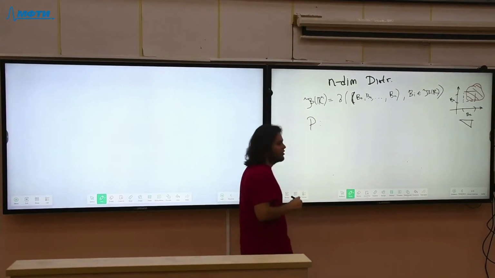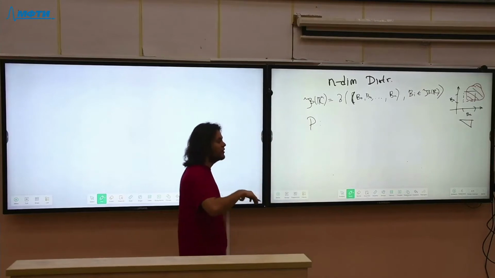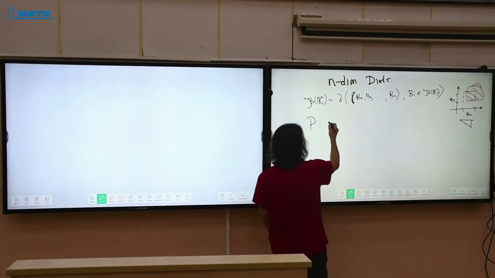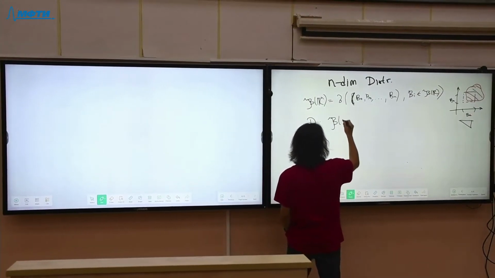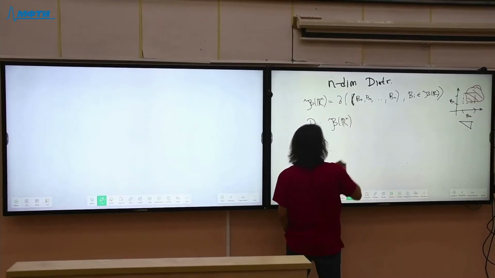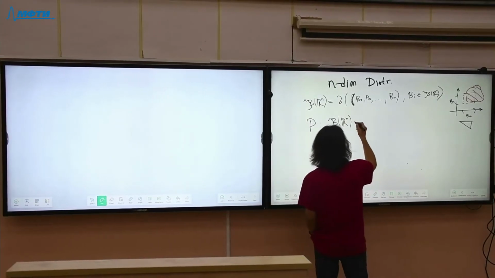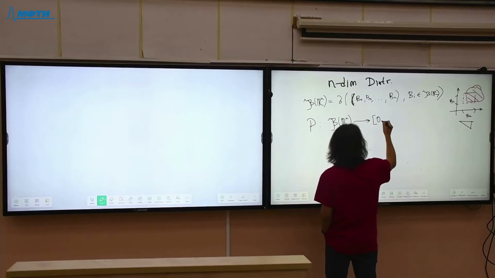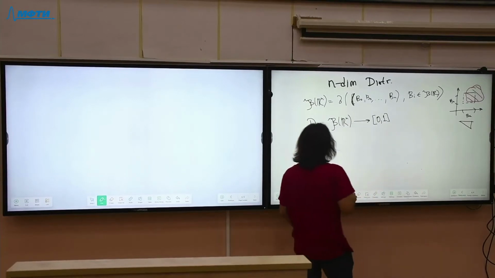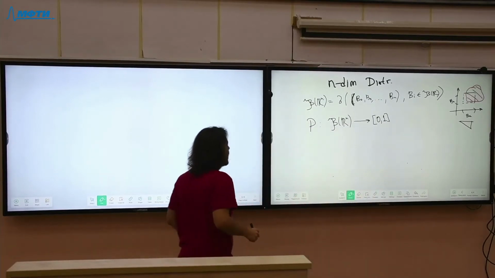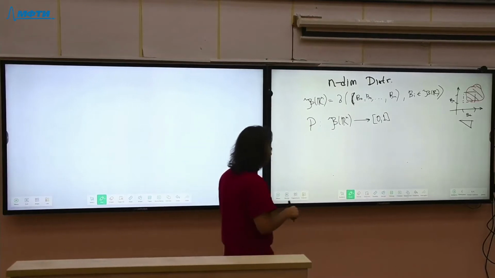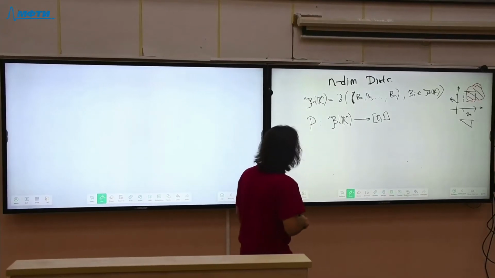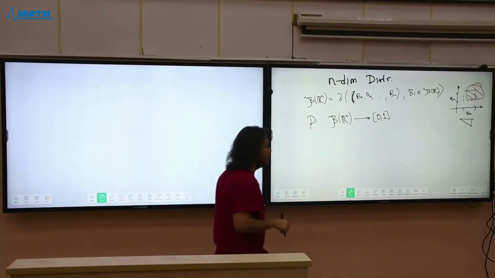So this is the distribution. Before we had the distribution, and it was a function from the Borel sigma algebra on R, and this is going to be a function from the Borel sigma algebra on R^n. So this is the probability distribution. And for this probability distribution, we can also define the CDF. So this will be the n-dimensional CDF.